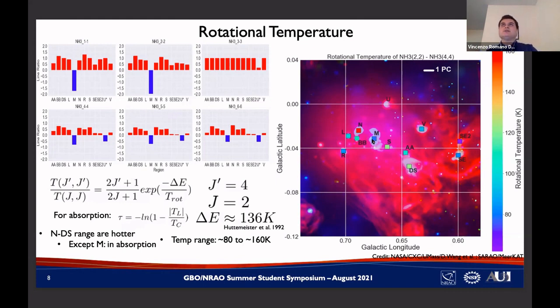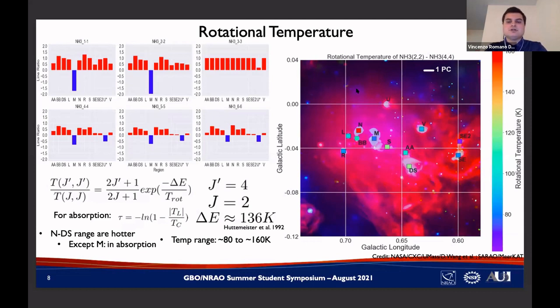But why it may be cooler than what some of the literature says about a hotter temperature is because we could be not observing proper M, but the line of sight of M, so we could get an influx of the cooler outskirts of the cloud, and that could be damping that temperature.